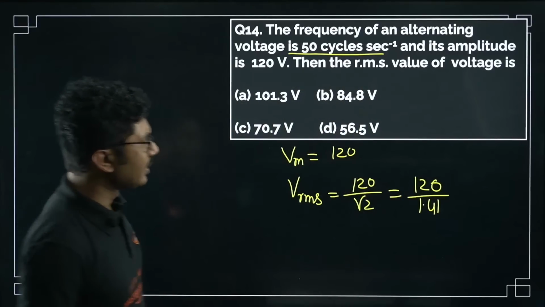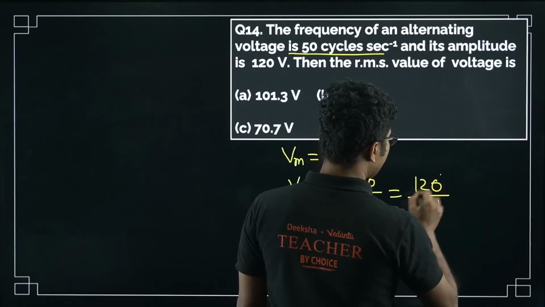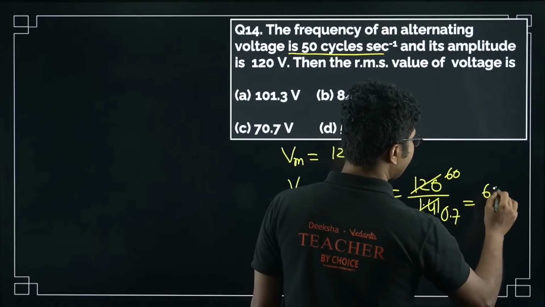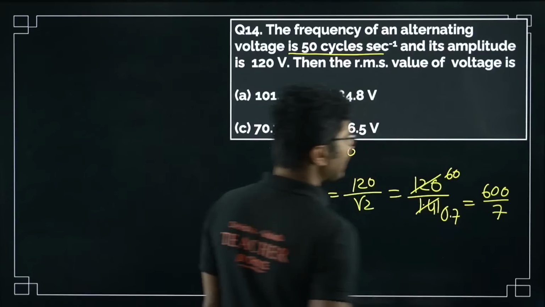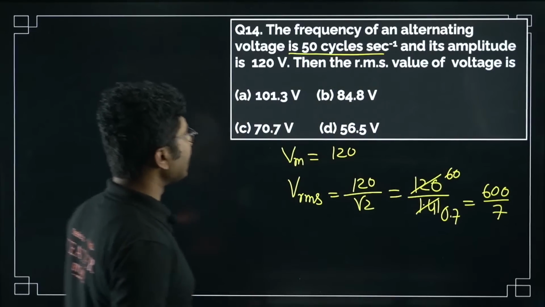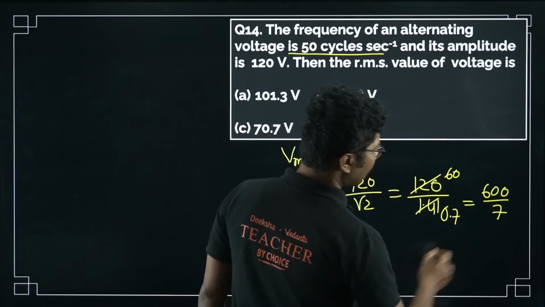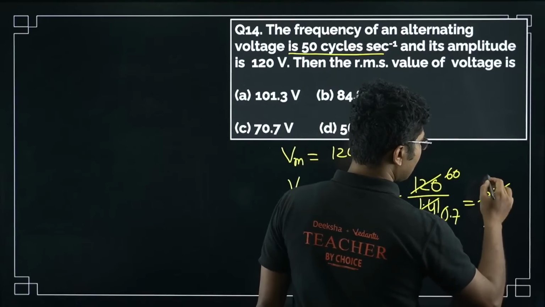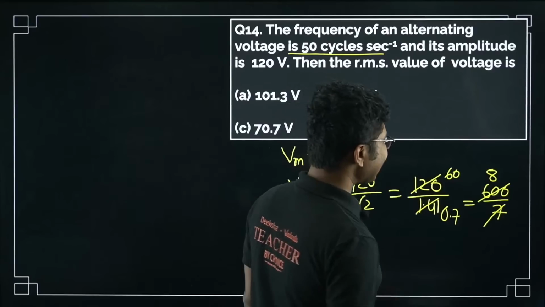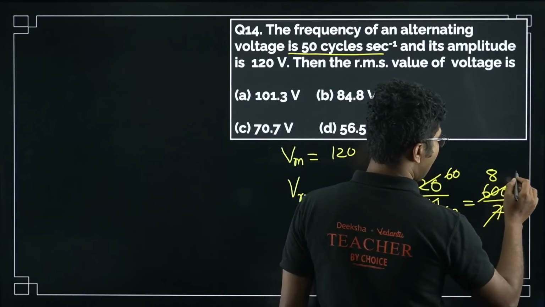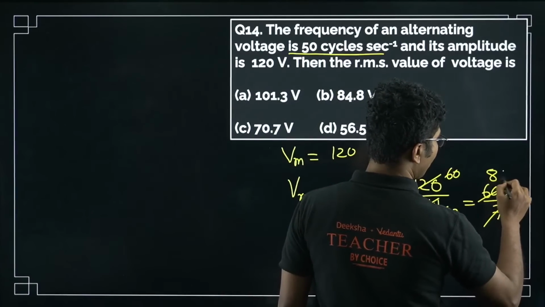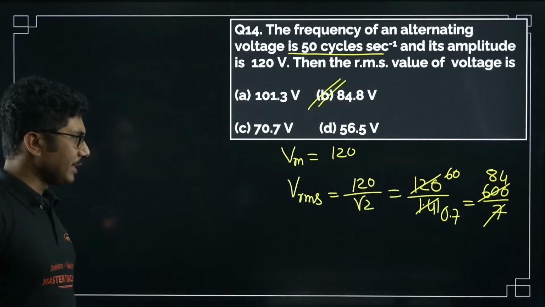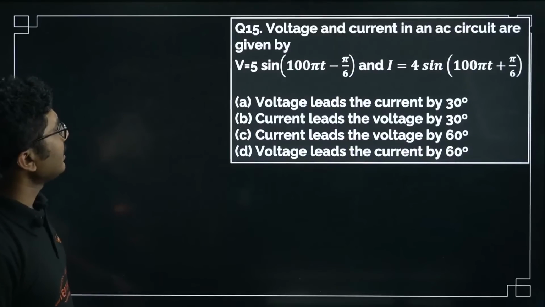Which will be equal to 60 divided by 0.7 or 600 divided by 7. 600 divided by 7 will be very close to 85.6, so it will be very close to 84. Correct answer will be option B. Now next question.